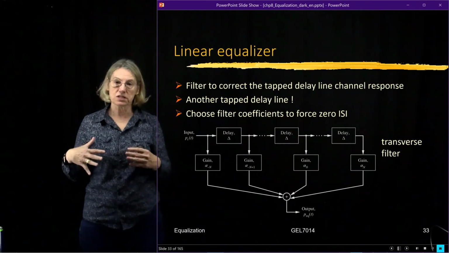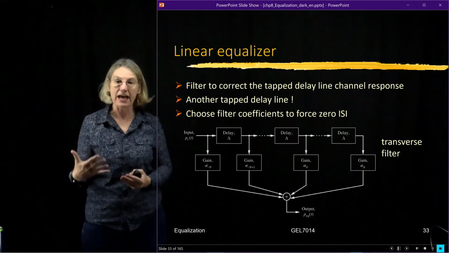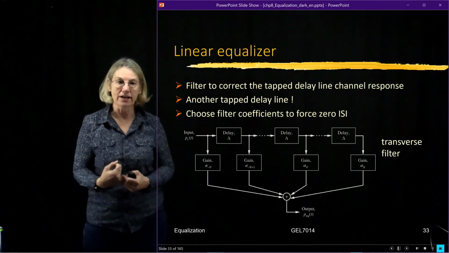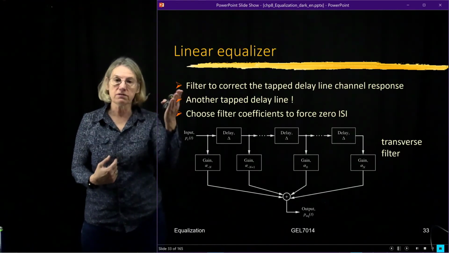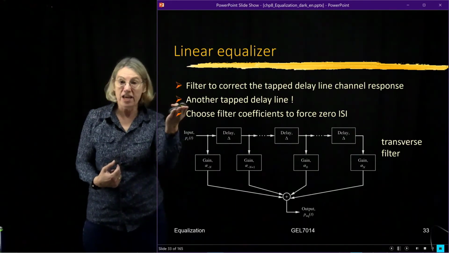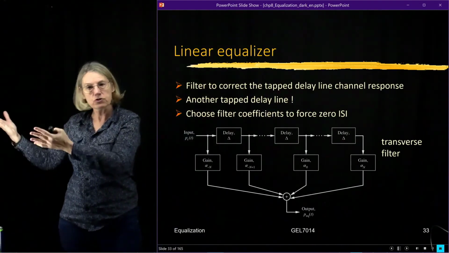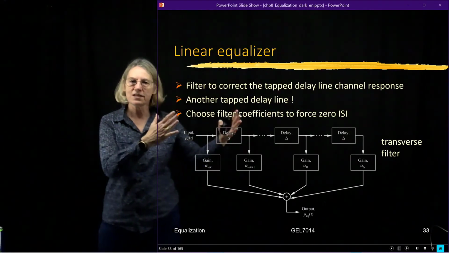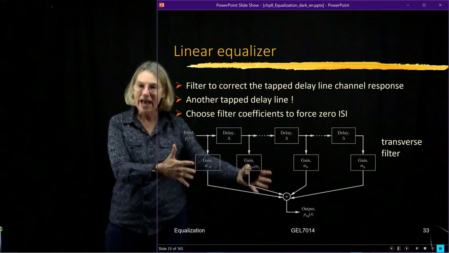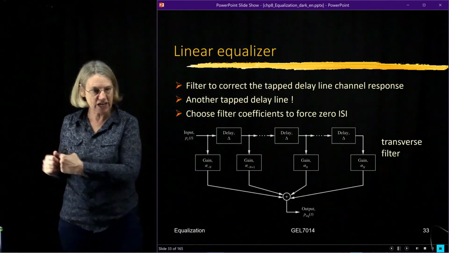Now I want to come up with a linear equalizer which will combat this effect introduced by the tap delay line. The filter that I am going to propose is actually another tapped delay line. The exact structure that is introduced by the channel, I will use the same form at my receiver to try to undo what was done by the channel.